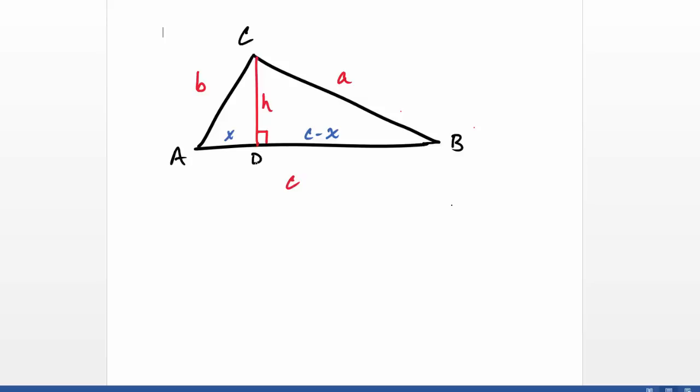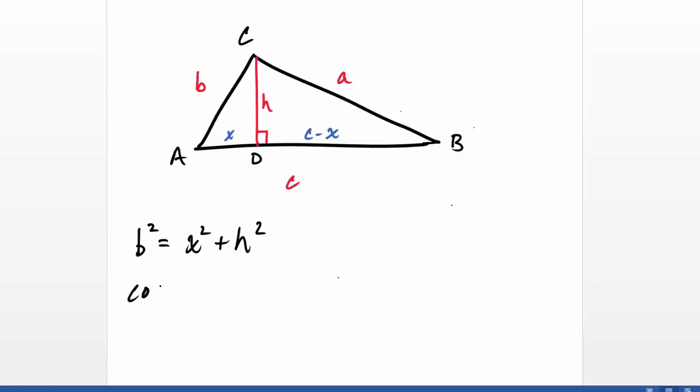So let's take a look at this. On the one on the left, I'm just going to do the Pythagorean theorem, and in this case my hypotenuse is b, so I'm going to say b squared equals x squared plus h squared. That's no different than c squared equals a squared plus b squared, just using different variables. I can also make the same statement that we used in the law of sines, but with cosines.